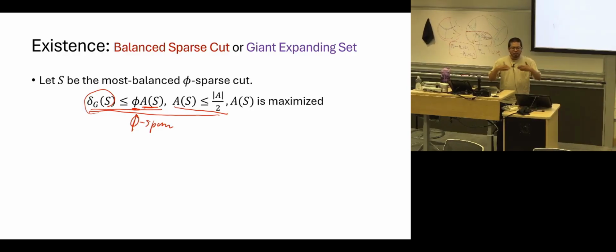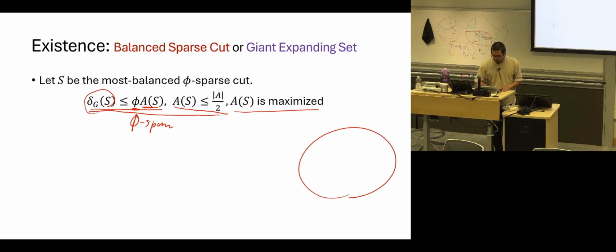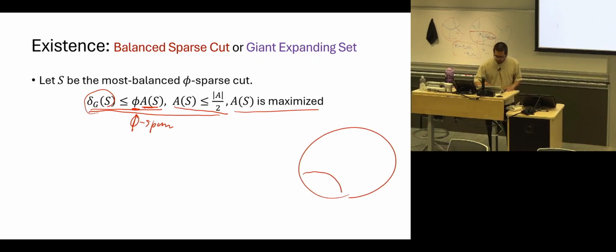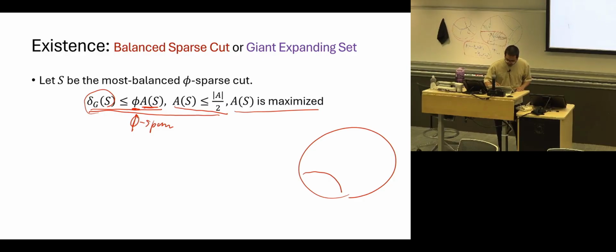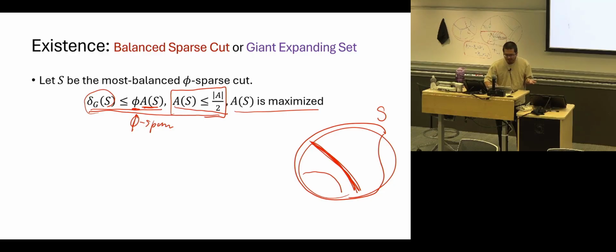But I want it to be the most balanced one, meaning that this is maximized. If there is this sparse cut and there is another cut, then I take this one. I make it the most balanced, but it should be on the smaller side. If S is just this thing, then it's not quite balanced because this part is small. So I take the one that is most balanced.